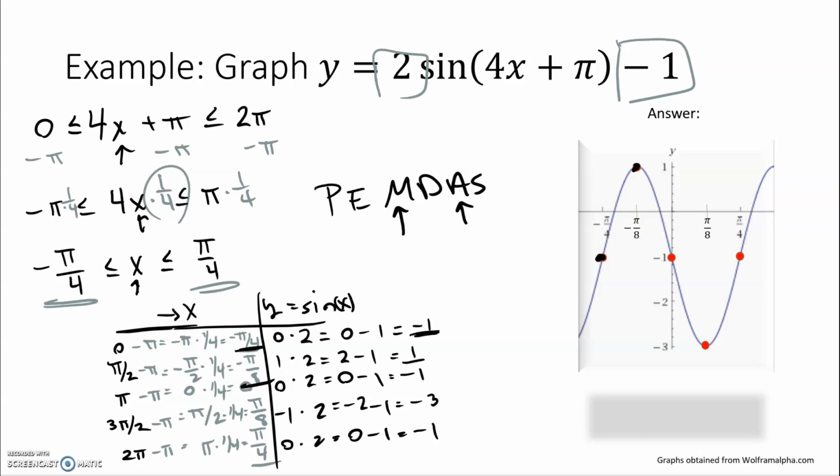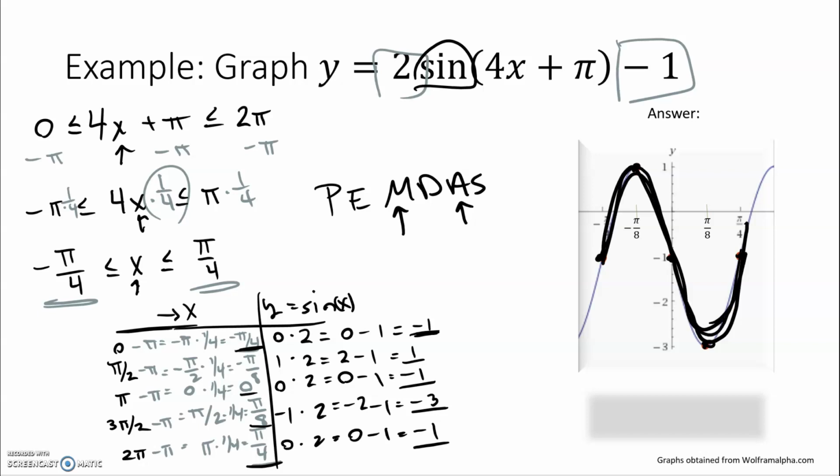And then mark through it just a little bit. 0, -1. There it is. Pi over 8, -3, right here. And then pi over 4, -1. Now this is sine, so it should be making this little shape right here. That is one fundamental cycle. Okay?